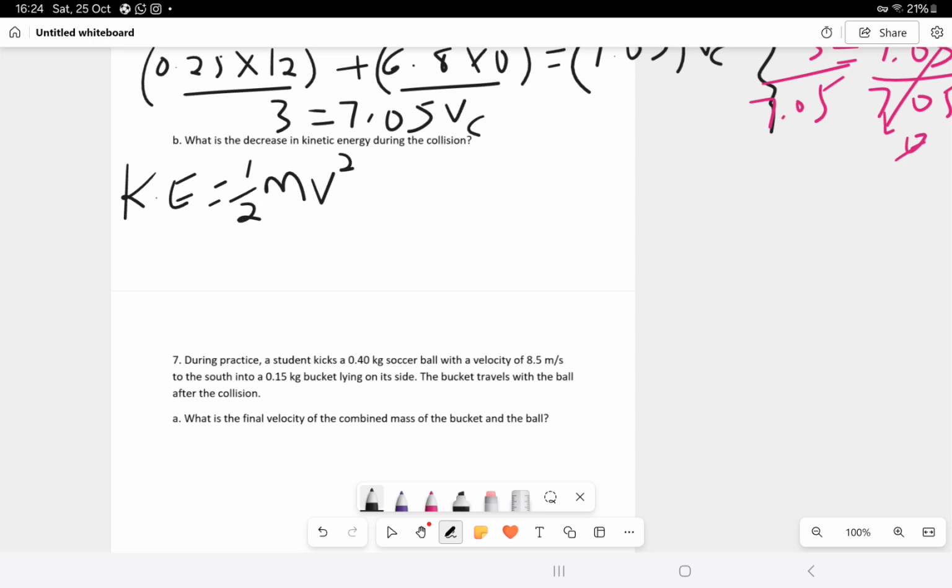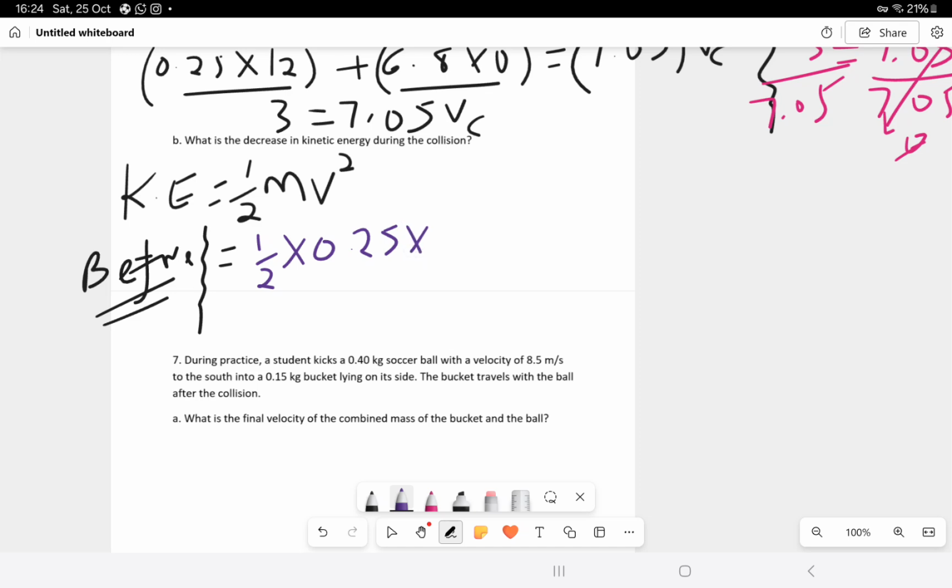and therefore the kinetic energy before collision will be equal to a half multiplied by the mass. What is the mass? 0.25, times the velocity. What is the velocity in our case? 12 squared.